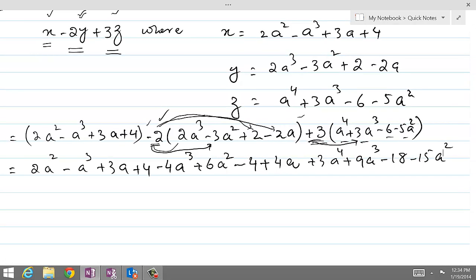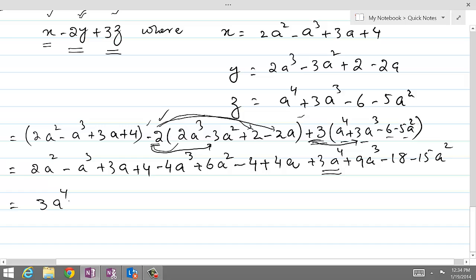So once we have this, now we start collecting the like terms, starting from the highest degree term, and that is a⁴. Is there any other term involving a⁴? No, there is none. So we write 3a⁴, and in descending order, what is next? That is a cube. So we look for the terms which have a cube.